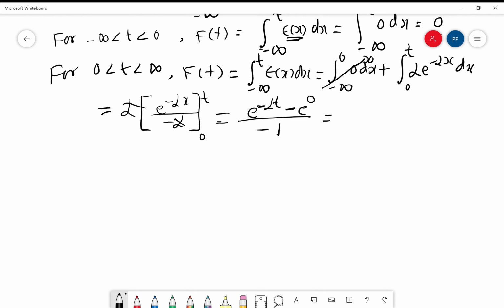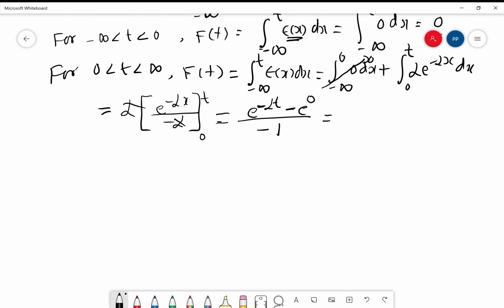That is, the CDF is F of t equals 0 for minus infinity less than t less than 0, and 1 minus e power minus alpha t for 0 less than t less than infinity.